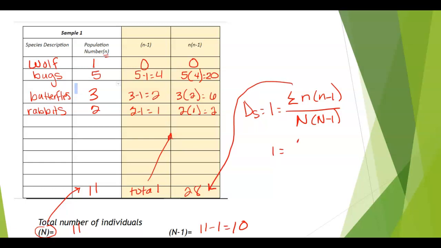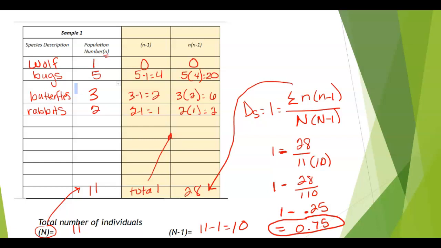So we get 1 minus 28 divided by 11 times 10, which is 1 minus 28 over 110, which is about 1 minus 0.25, which would equal 0.75. And there's our answer. This number is pretty close to 1, so that's pretty decent, because it means there's a pretty good amount of diversity.